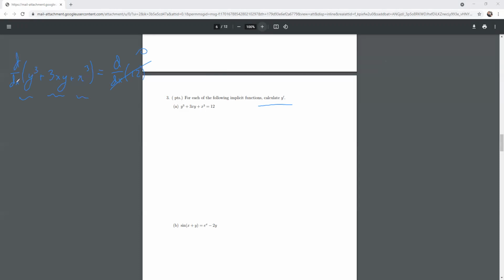So bring down the 3 first, y squared. But we're not done with that term. We have to do chain rule. dy dx. Since y is a function of x, we cannot just take the derivative of it and have nothing.